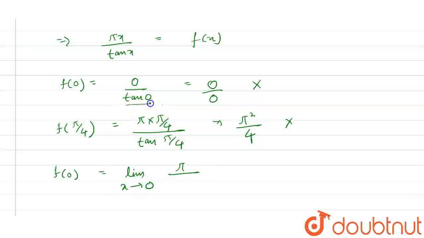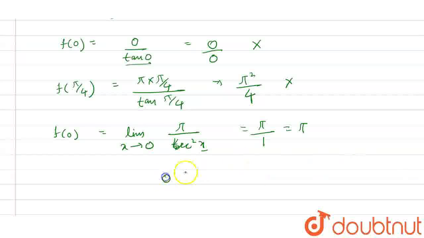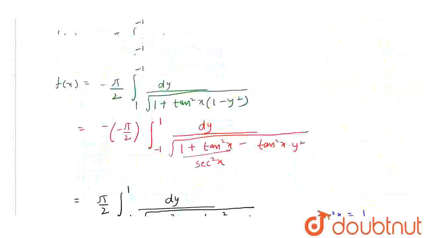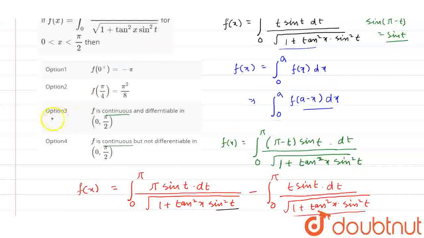Now the differentiation of tan x is sec square x. That is, if we put the value of x is equal to 0, sec 0 is equal to 1, we get pi. And x also lies between 0 to pi by 2. So we can say that this is differentiable. So option C is correct.